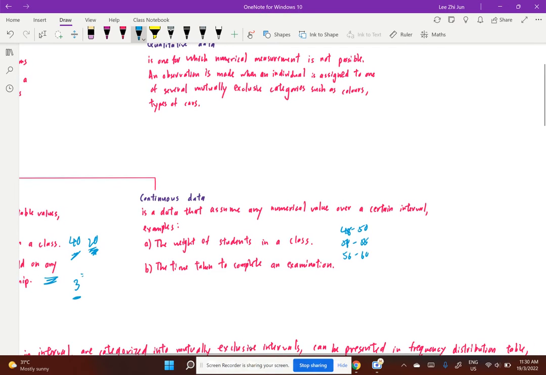Or the weight of students can be many numbers in a range, like 51 to 55, and so on. And the time taken to complete an examination, if Xiaoming takes 30 minutes to complete an examination, while she used 50 minutes to complete an examination, so it has a range also. So it's continuous.